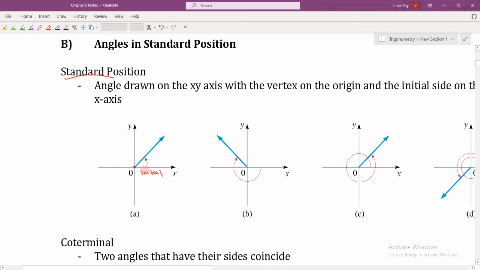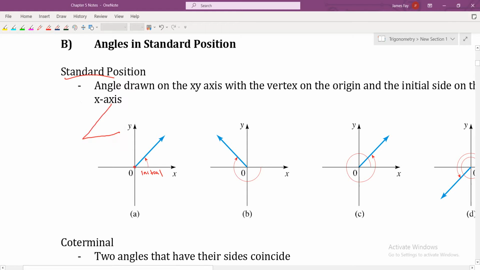This angle can be put anywhere. So this angle here, if I can grab it and move it there, it's the same angle as it is down here, but it's a lot more difficult to work with this angle up here, maybe not knowing what the coordinates are of the vertex.